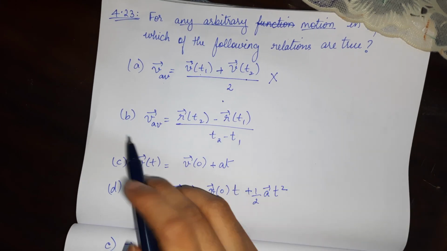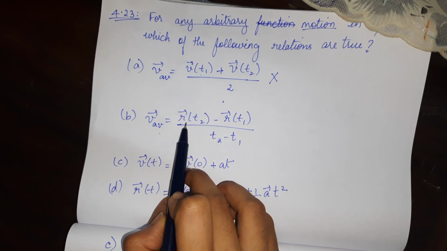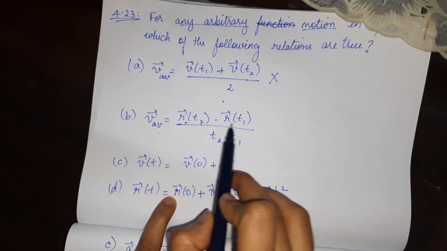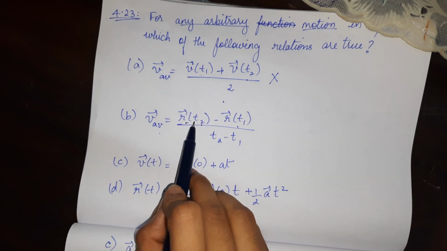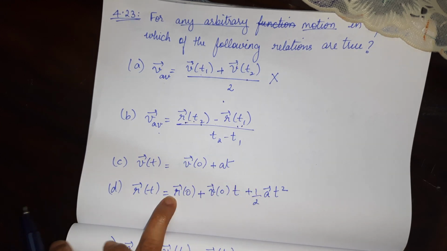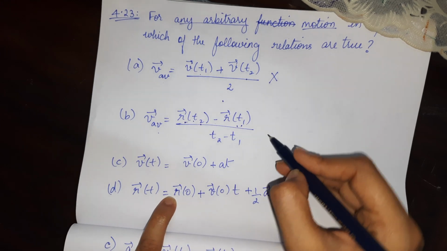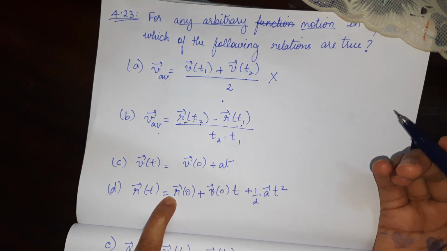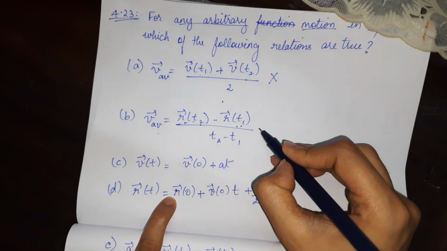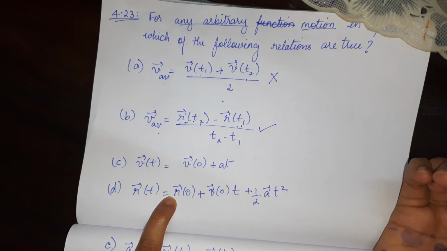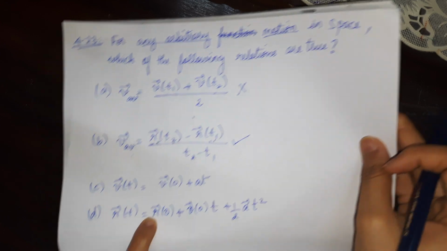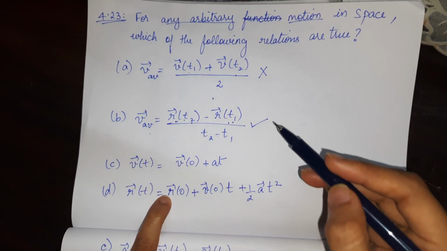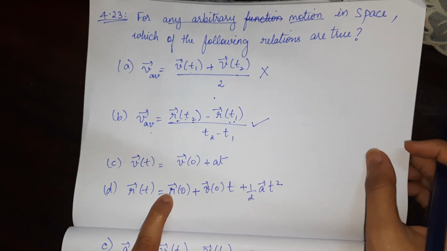The second one says that V average is equal to position at t2 minus position at t1 divided by t2 minus t1. That is the final position minus initial position divided by the time interval. So this is the most basic equation for velocity. So this is definitely true for any arbitrary motion in space. Whether it is uniform or non-uniform, you can apply this relation.